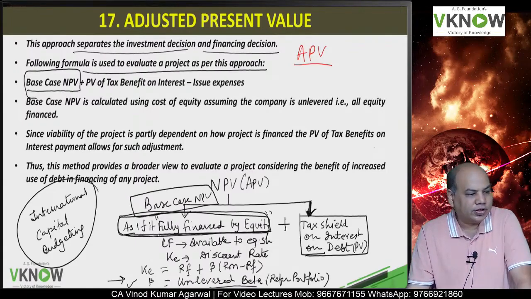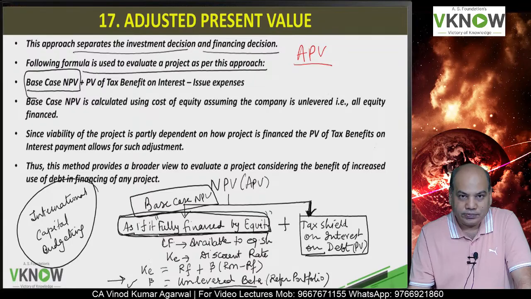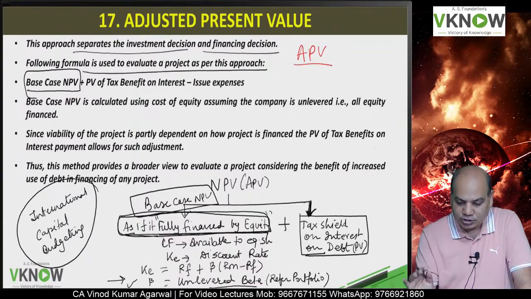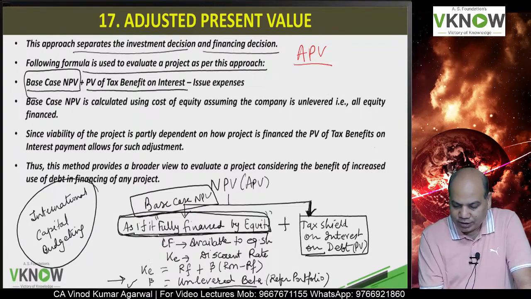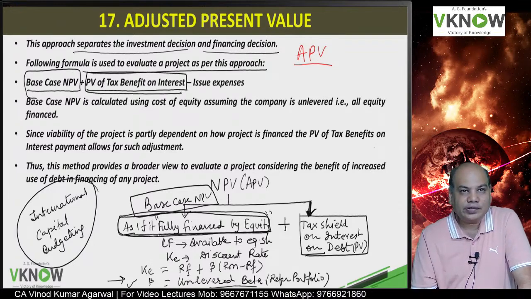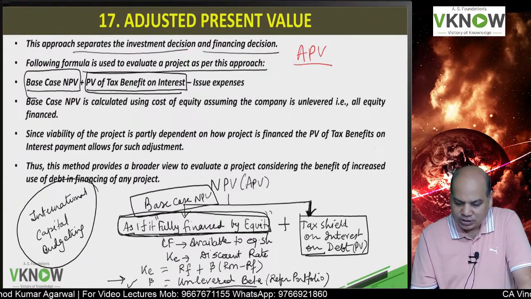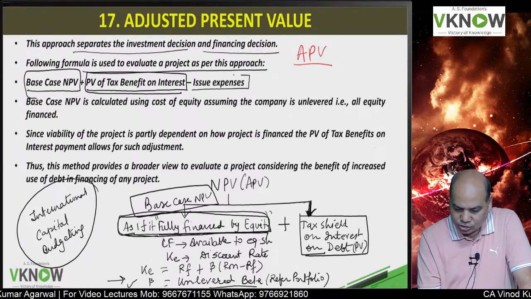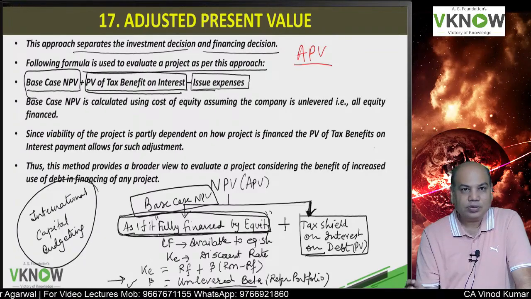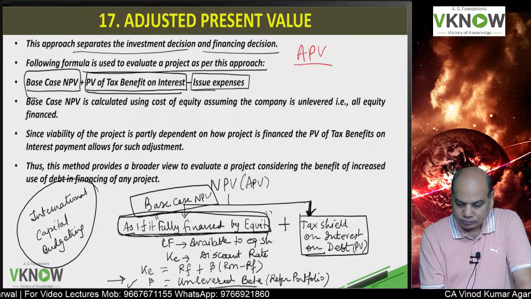Assuming that the project is fully financed out of equity, no use of debt, only for assumption. But if you are using debt, then the PV of tax saving on debt will be considered, minus any issue expenses, if any.